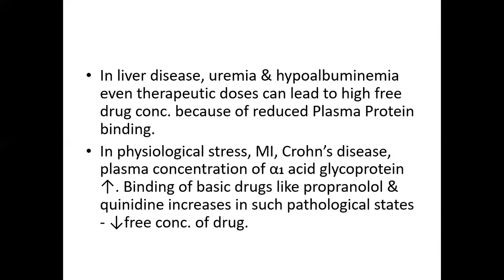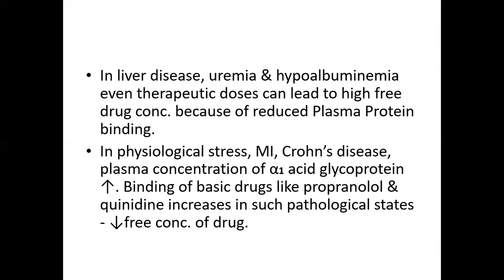What happens when there is increased alpha-1 acid glycoprotein? There is increased binding of basic drugs like propranolol and quinidine. So when there is increased binding of these drugs to alpha-1 acid glycoprotein, there is decreased free concentration of drugs.